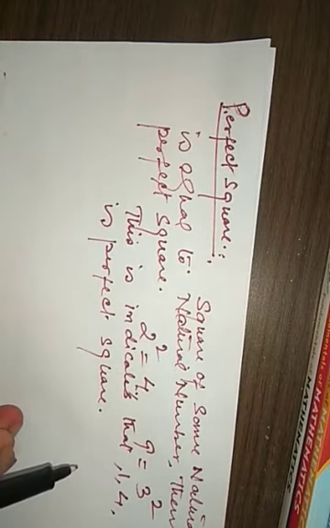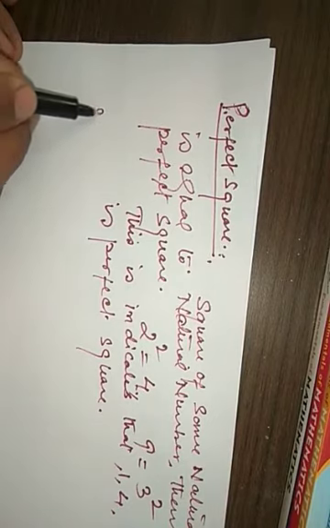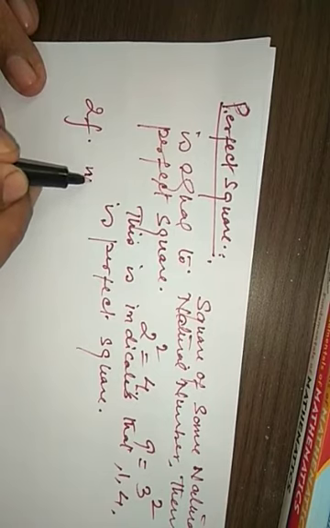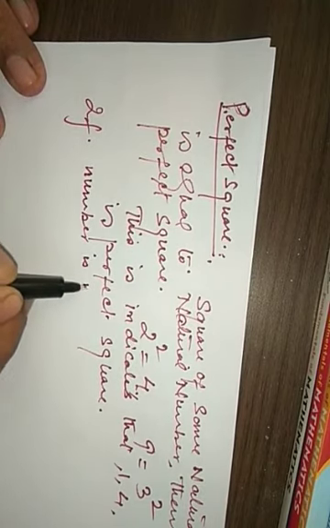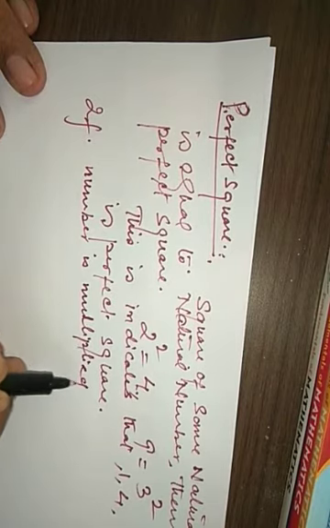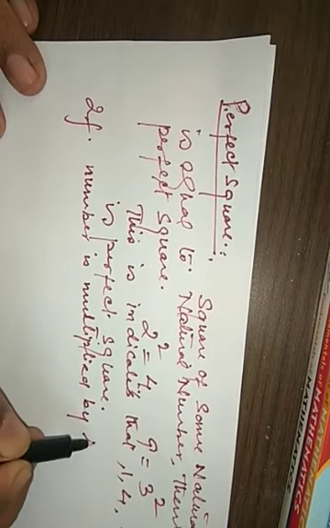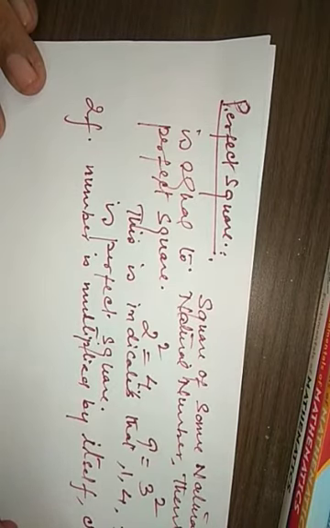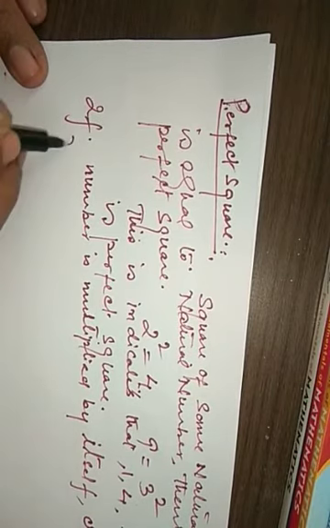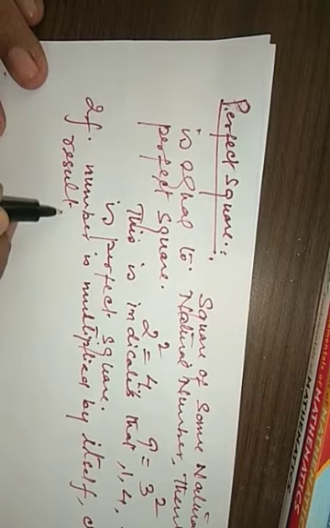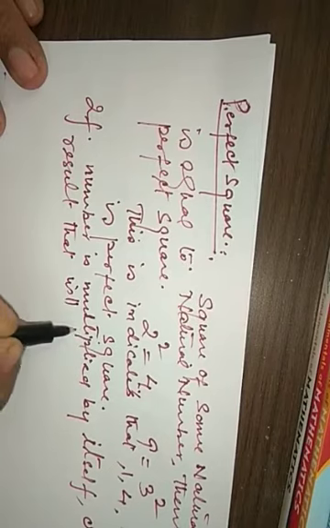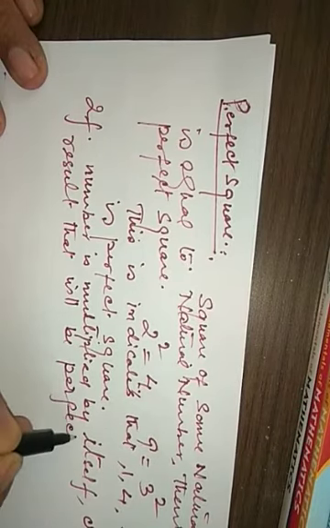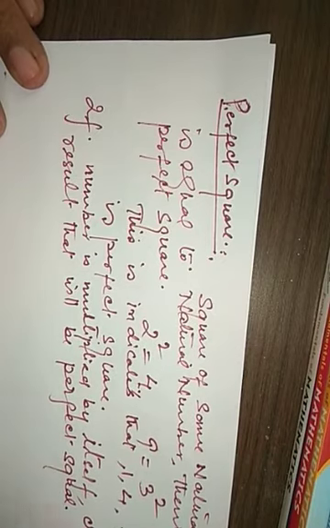So we can say that if a number is multiplied by itself, it creates a new result that will be a perfect square.